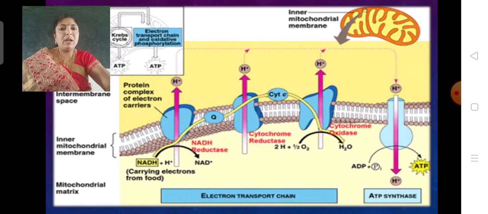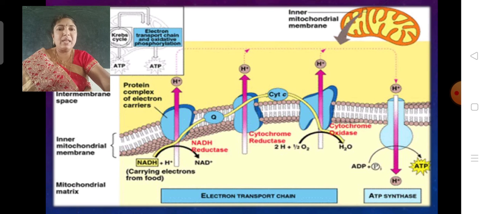In overall glycolysis 4 ATP are formed, whereas in the Krebs cycle 2 ATP are formed. Finally in the electron transport system 34 ATP are synthesized, so 40 ATP is the gross gain, of which 2 ATP are utilized during the glycolysis reaction. So the net gain of ATP synthesis is 38 ATP.